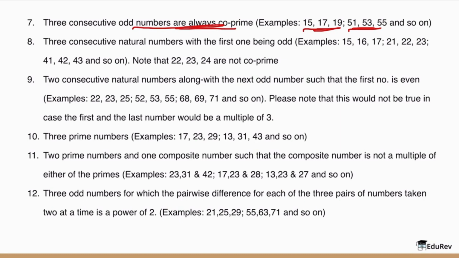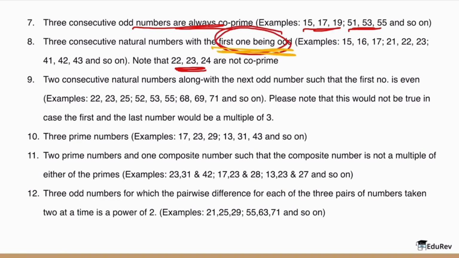Note that these are not co-prime. What they are saying is that three consecutive natural numbers with the first one being odd, like 15, 16, 17 and 21, 22, 23, are co-prime numbers. You can note that 22, 23, 24 are not co-prime, because the first number taken is not odd, so this property is not fulfilled, and that's why they are not co-prime numbers.